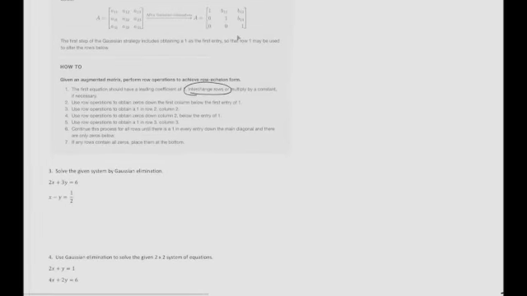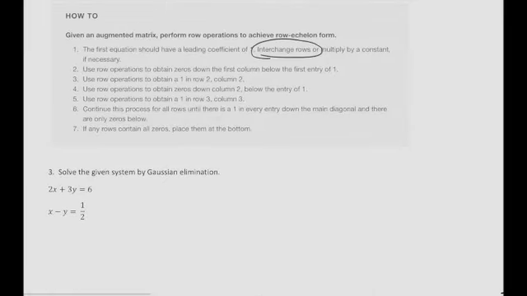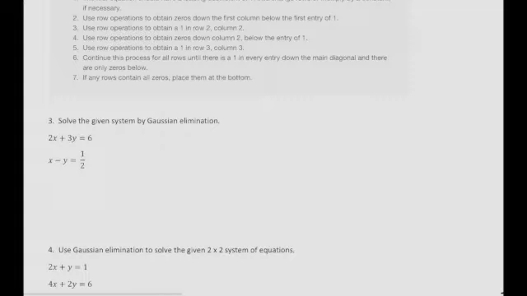So first goal, get a 1 in the upper left corner, okay? And you can exchange any rows or you can multiply by a constant, okay? I am just going to write this as a matrix. 2, 3, 6, 1, -1, 1/2. Okay, and here's how I'm going to show my work.